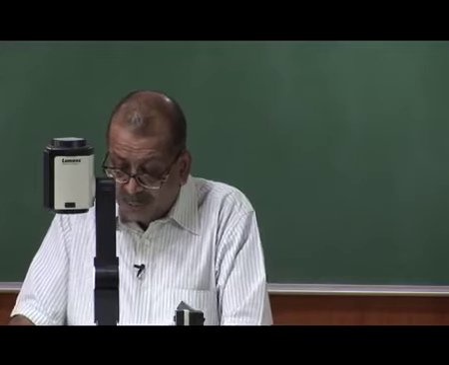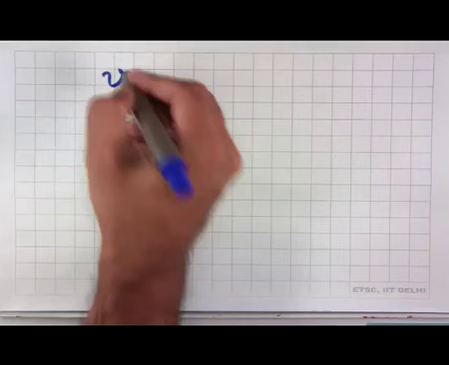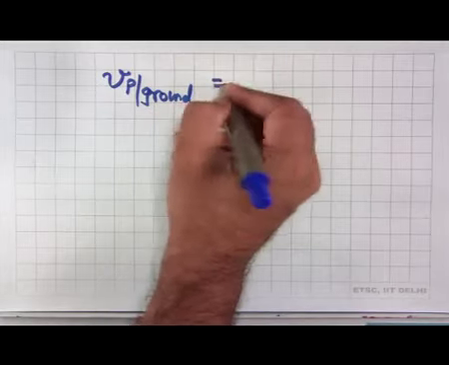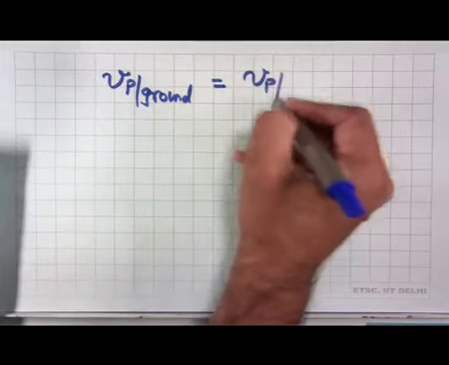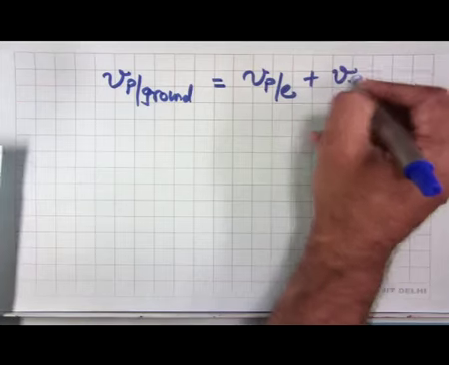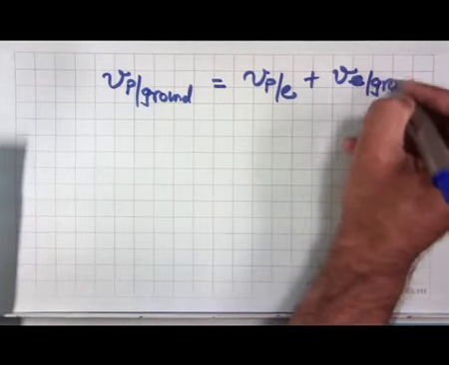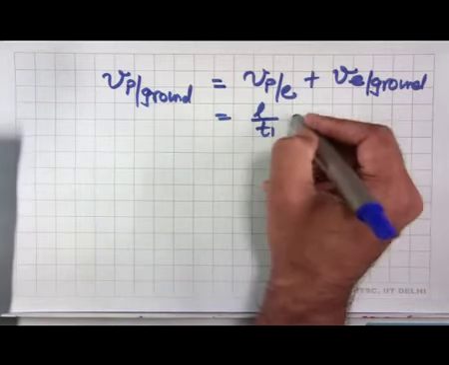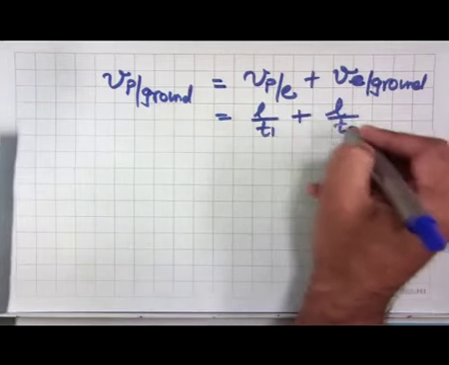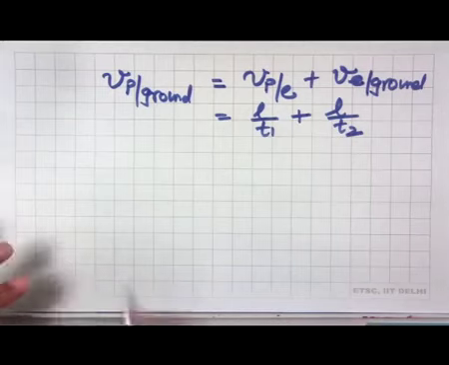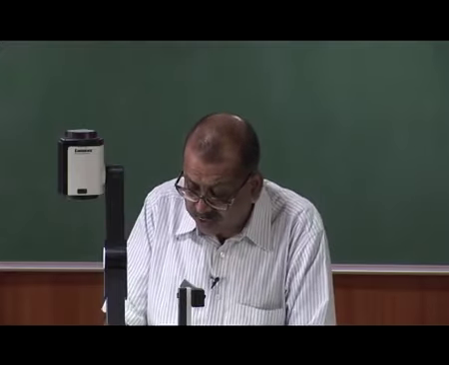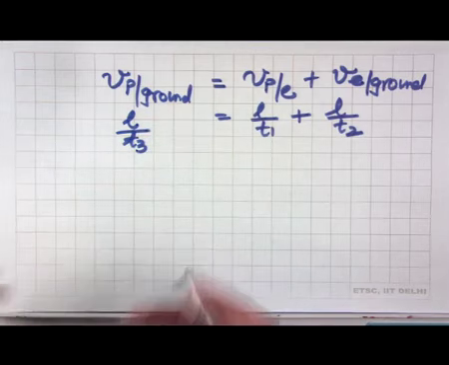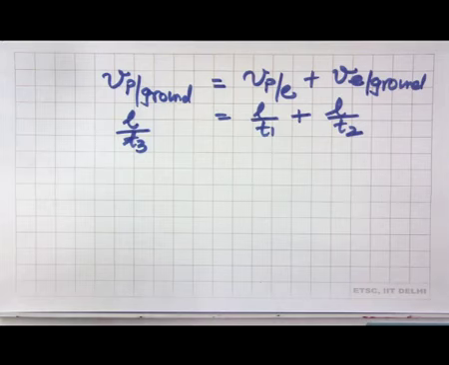So, now when the person moves on the moving escalator, the velocity of the person with respect to ground will become equal to the velocity of the person with respect to escalator plus the velocity of escalator with respect to ground. So, this will become equal to L upon T1 plus L upon T2. And the velocity of the person with respect to ground now will be given as L upon T3, where T3 is the final time taken by the person on the moving escalator.